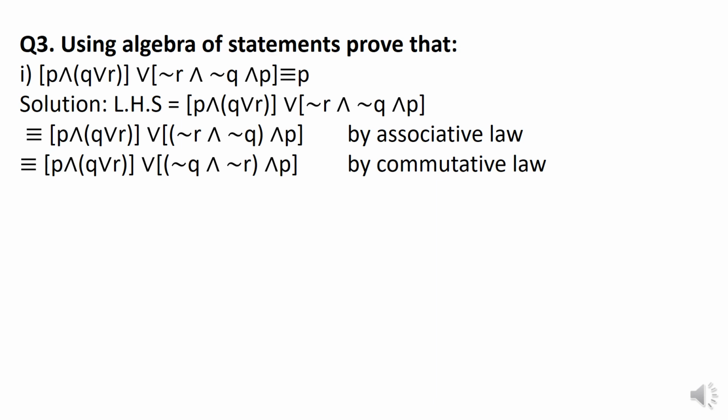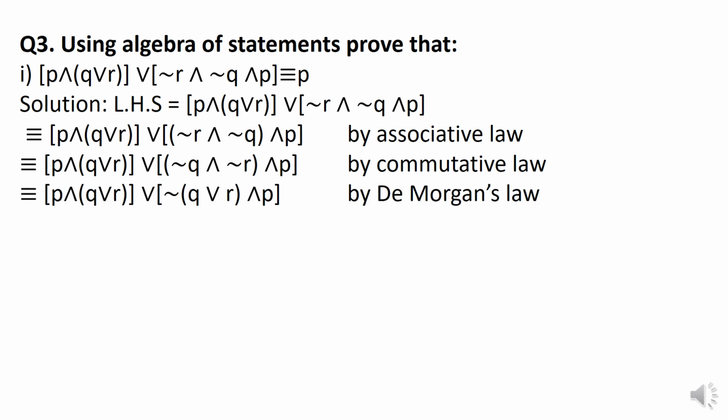It has now become not Q and not R. This is done by commutative law. Rest of the statement remains the same. Then in the next step, again in the second square bracket, not Q and not R is same as not Q or R. This is by De Morgan's law.